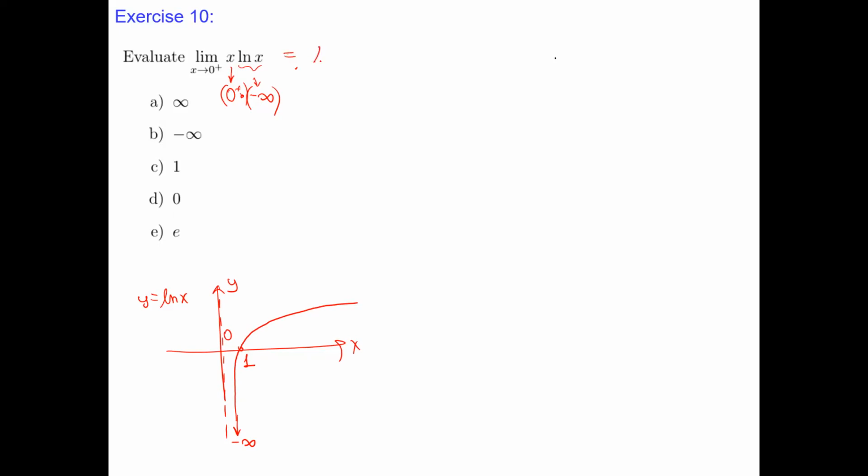Okay, let's see what we can do. Actually, I will leave the natural log and I will flip X. Let's see what we have. Natural log at 0 is negative infinity. 1 over a small positive number is a positive big number. We are good.